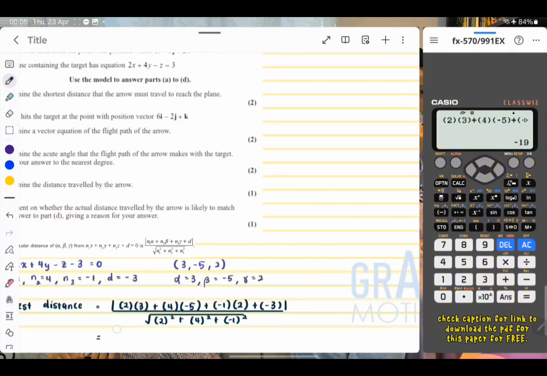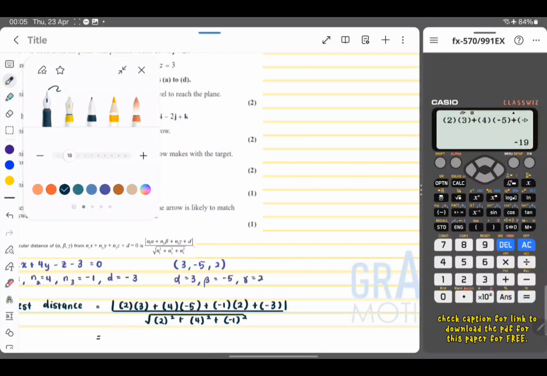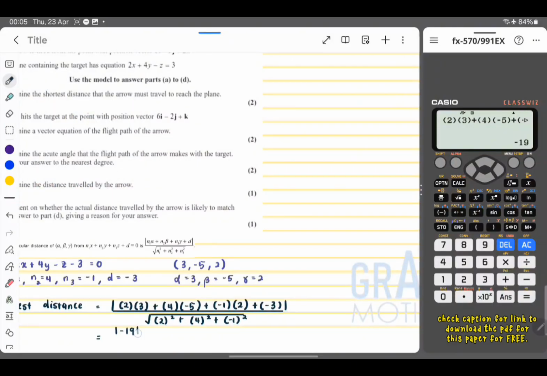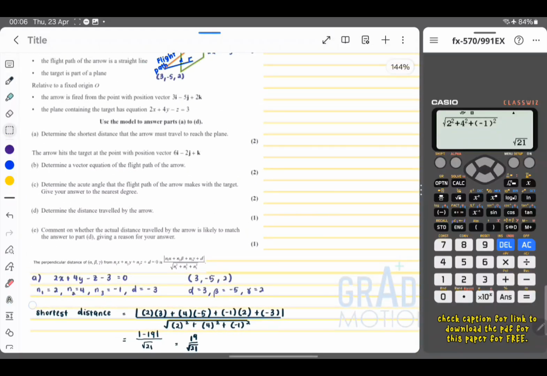So I have modulus -19 over, okay, square root of 2 squared plus 4 squared plus -1 squared. That is square root 21. So it will be equal to 19 over square root 21. Okay, with that, we are done with part A.